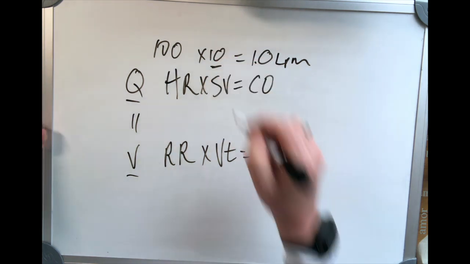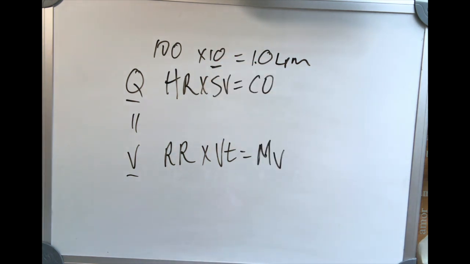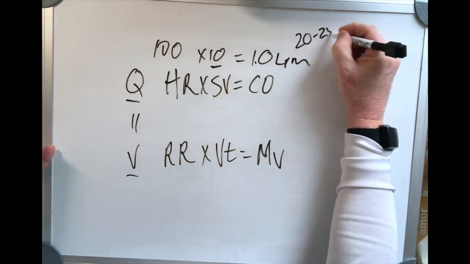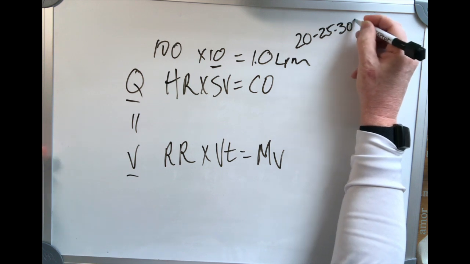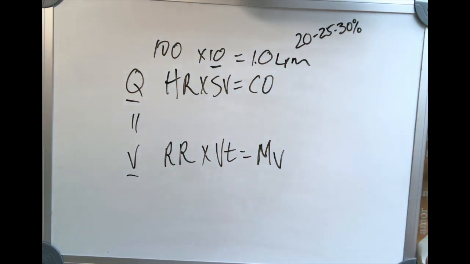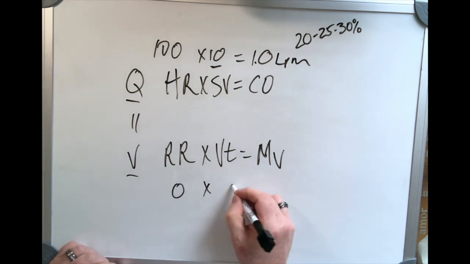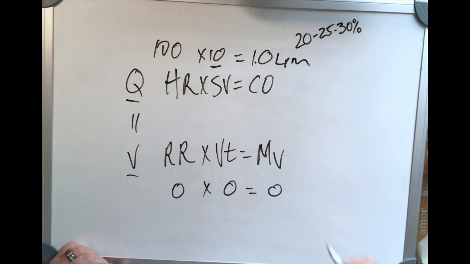The issue there is the stroke volume. So in cardiac arrest, I'm only going to be moving 1 liter per minute, which is about 20, sometimes they say 25, with really good CPR you might get 30% of normal blood flow. Well, the good news is that you typically stop breathing, which means your tidal volume is 0, which means your minute ventilation is 0.